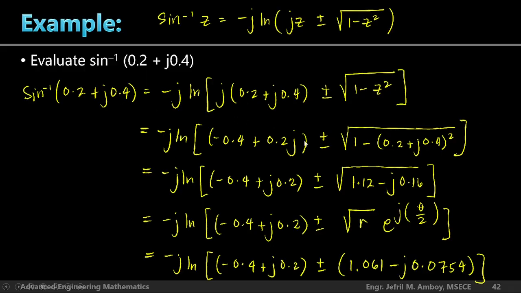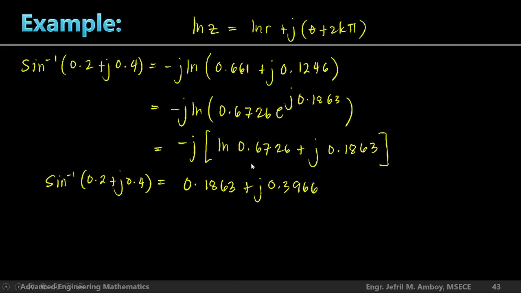Marami tayong ipe-perform na subsequent procedures. So, kung gagawin mo yan ng mano-mano, medyo mahirap. Medyo matagal siya. Kaya, ginamitan lang natin ng calculator. Pero kahit nag-calculator tayo, tingnan nyo naman, umabot pa tayo sa 3 complex numbers na isinave sa calcu bago natin nakuha yung sagot. Diba? So now, marunong na kayong kumuha ng inverse sine ng isang complex number.